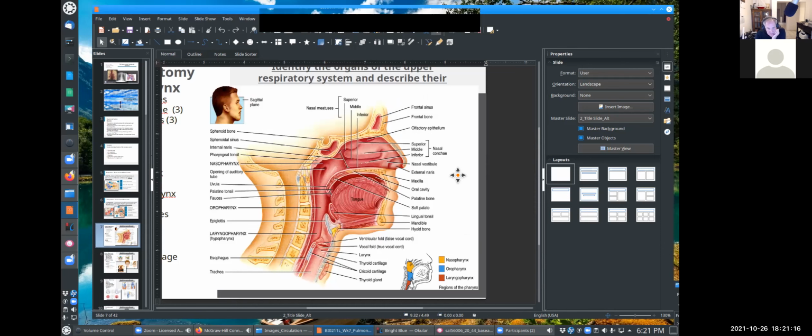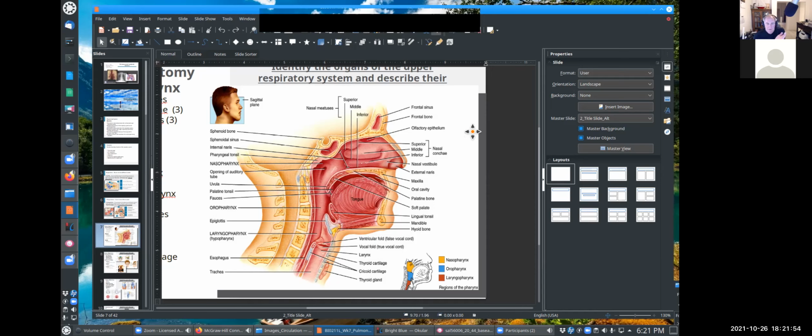On the models, there's some lymphoid tissue marked back here, and those are the, let's see, the adenoids. Well, actually, down here you'll have the lingual tonsils, and then pharyngeal tonsils way up high here.